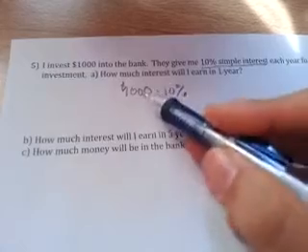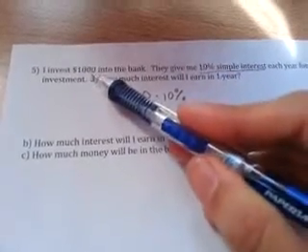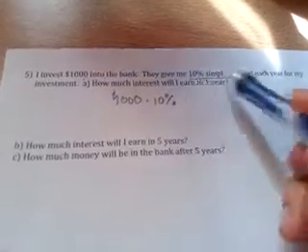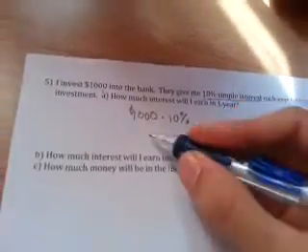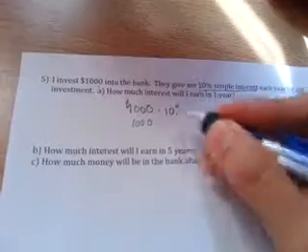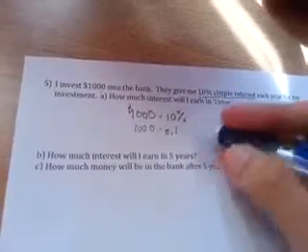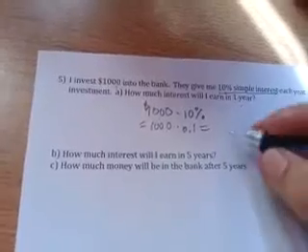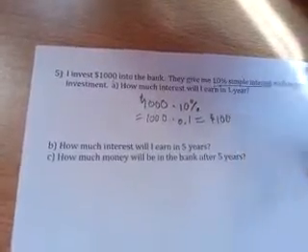That's going to give me my first year. 10% of 1,000. I put $1,000 into the bank, and they're going to give me 10% each year. So when I do this, I get 1,000 times 0.1. And when I calculate this, what do I get? Only thing I get is $100.